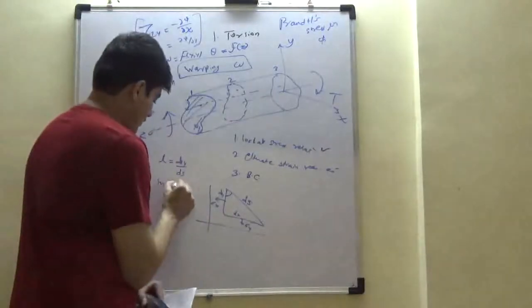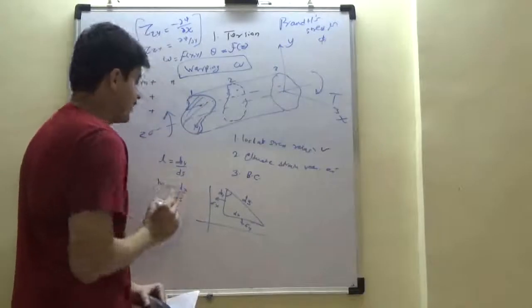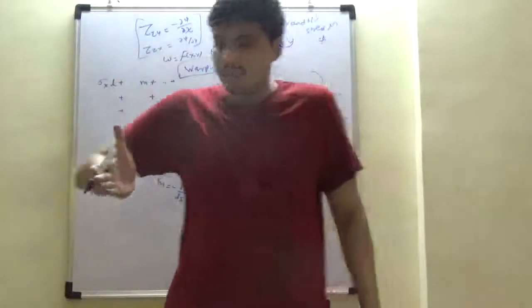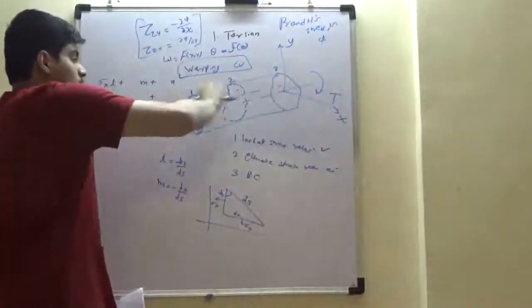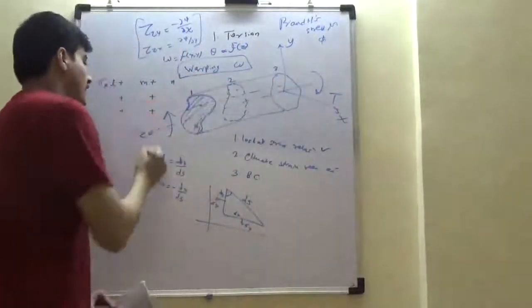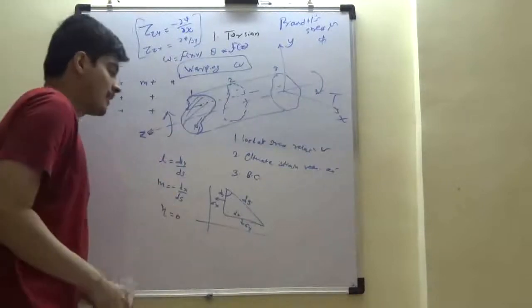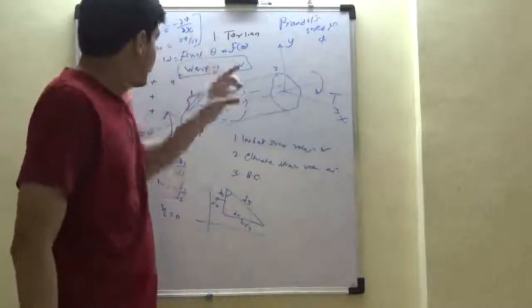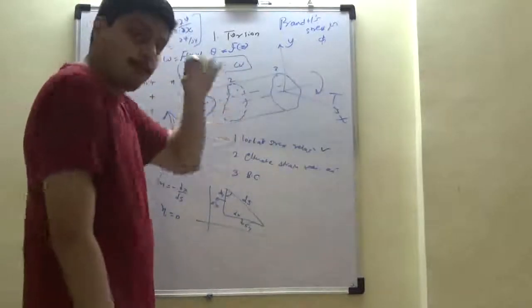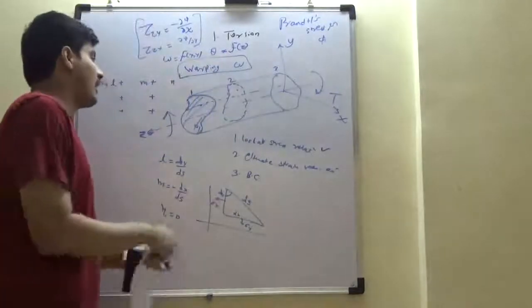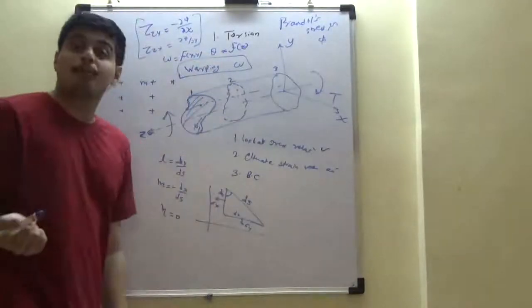M is minus dx upon ds. And in this case, since each disk is independent of each other, there is no force component anywhere perpendicular to the plane in z direction. So n is 0. Simply because of these simplifications of the problem and warping free restraint, what we are saying is ultimately it is becoming again a planar problem.